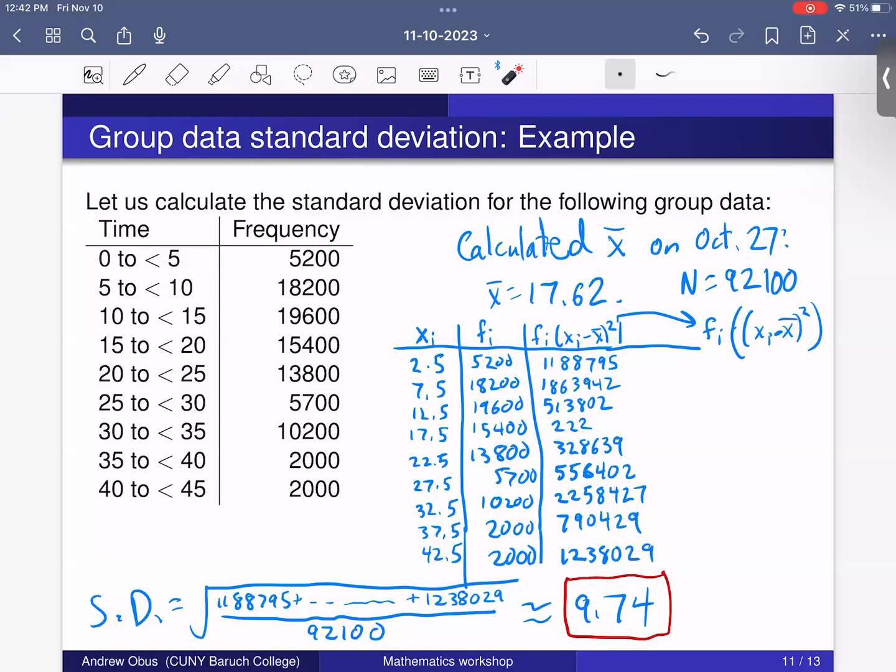There's lots of people with very high scores, lots of people with very low scores, and a very large range of performance. Whereas if your standard deviation is small, basically everybody in the class did the same, or almost the same. So this is what standard deviation means. It's telling you how spread out all of your data is.